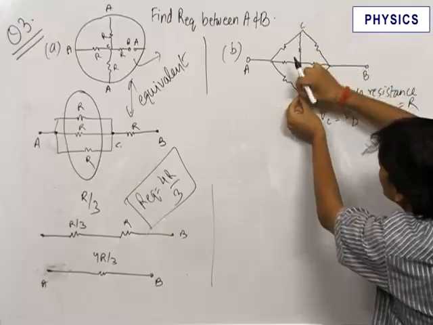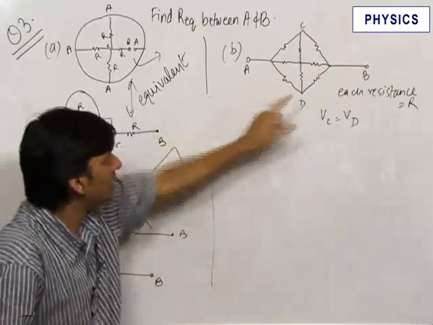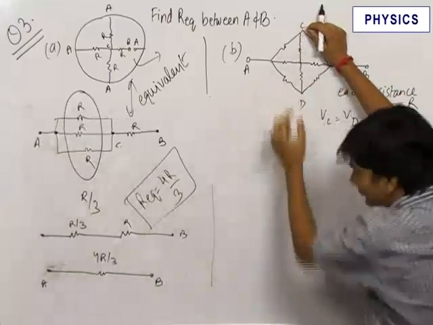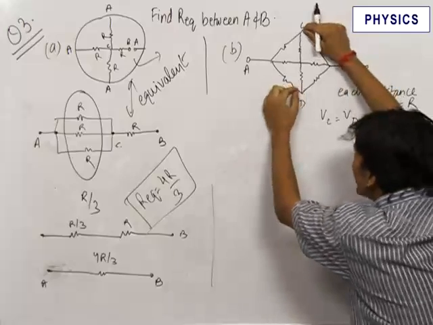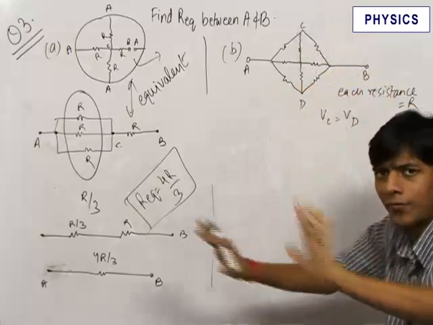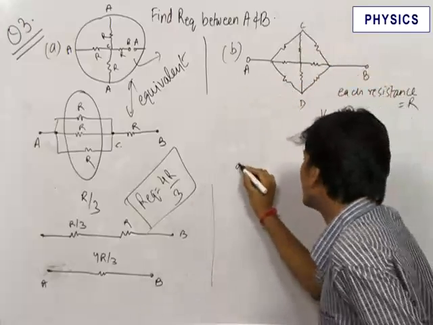Just fold this and join, because there will be no difference in the currents passing or anything if we join these 2 points. Since these 2 points have the same potential, if we fold and join these 2 points, there will be no effect on the currents passing through the circuit or anything else. So let us join these 2 points.